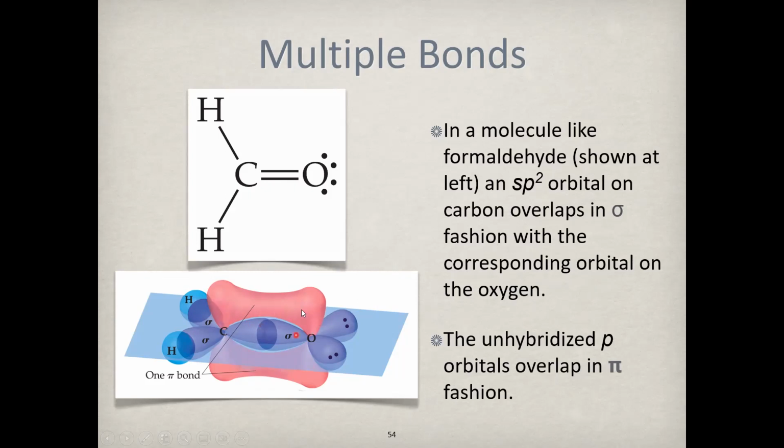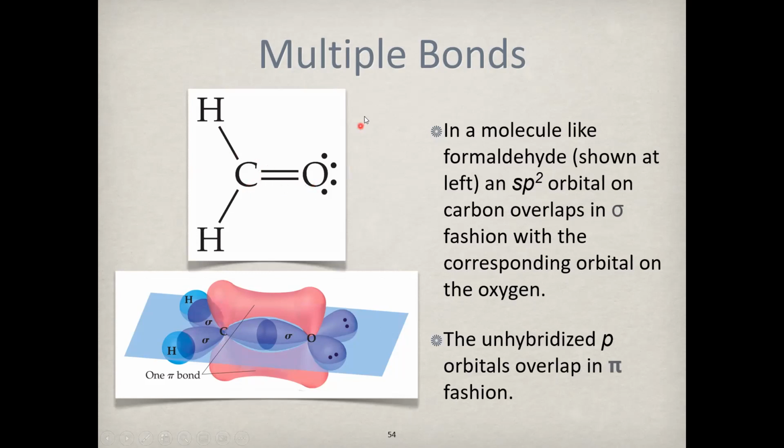And with this, you'll notice the pi bonds, these are going to be unhybridized orbitals, whereas the sigma bonds will be hybridized there. And the reason we have this unhybridized p orbital is just because we only have sp2 hybridization.